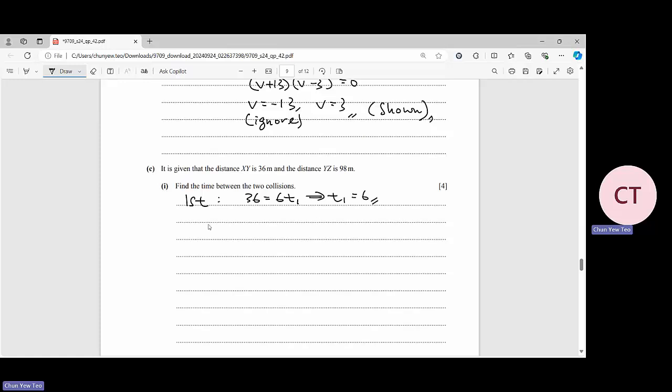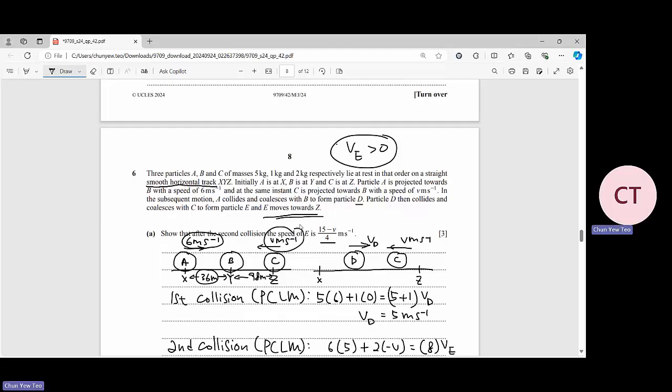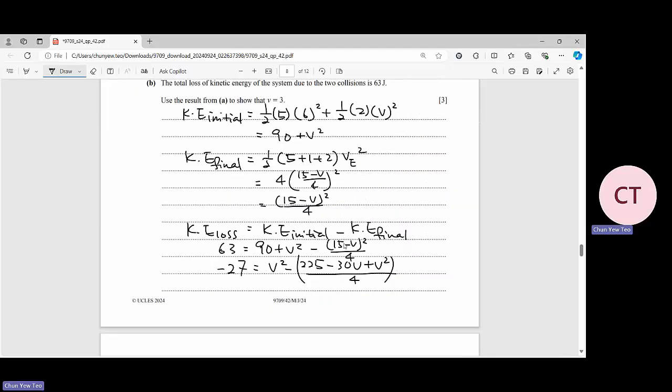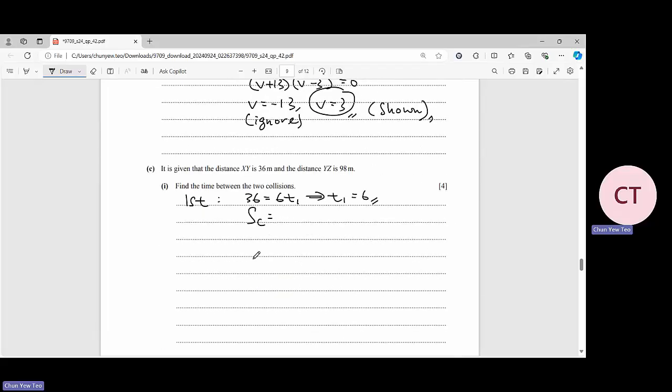So for this 6 seconds, we need to calculate how far C has traveled. The distance traveled by C, SC, is that C is moving with a speed of V meters per second, but in the opposite direction. Since we have found that V is 3, we just multiply V t1. So SC is equal to 3 times 6, which is 18 meters.